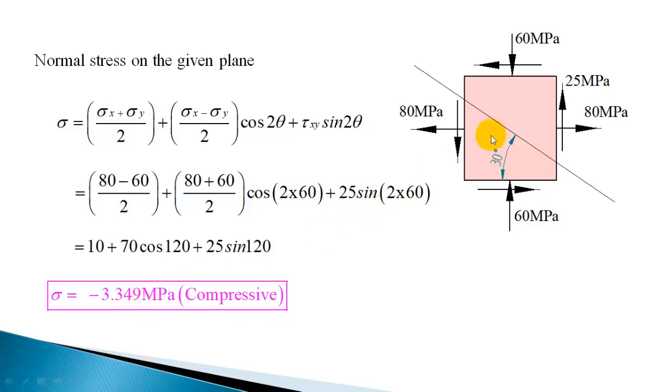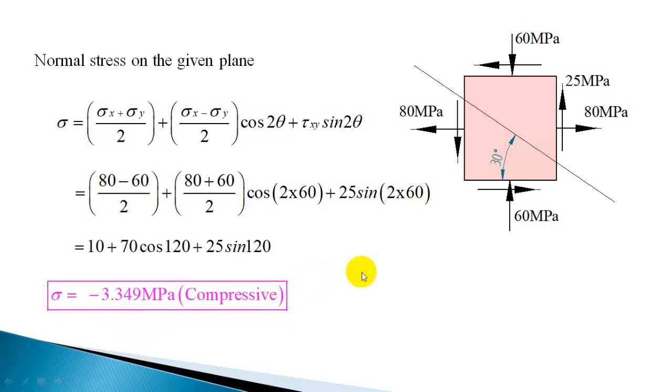On some planes you will have tensile stress. If you take the vertical plane, the stress is 80 megapascal tensile. On a horizontal plane you have compressive stress of 60 megapascal. But on this given plane the stress is compressive, and its magnitude is very small, 3.349 megapascal.